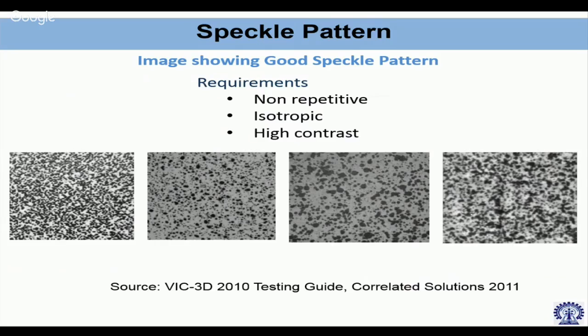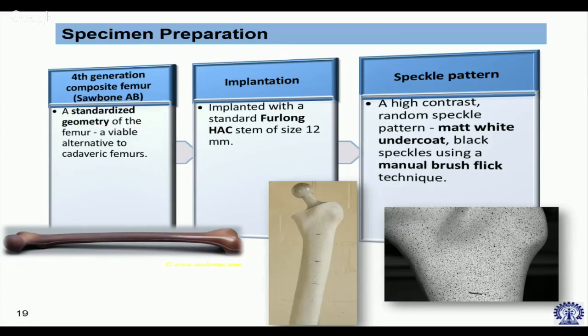So these are examples of that. You can write down the source, the Vic 3D 2010 testing guide. Now here are sort of the steps. We have a 4th generation composite femur from Sawbones, and this is a standard geometry of a femur, a viable alternative to cadaveric femurs.